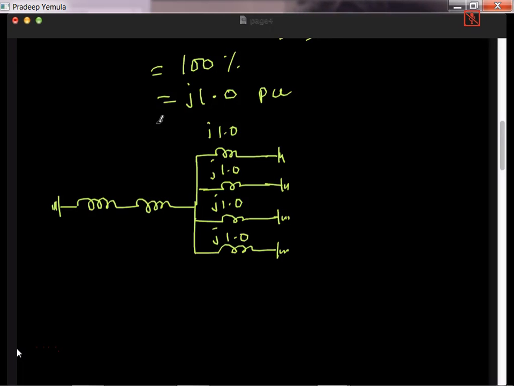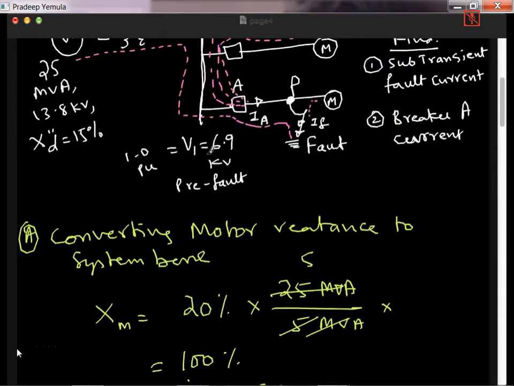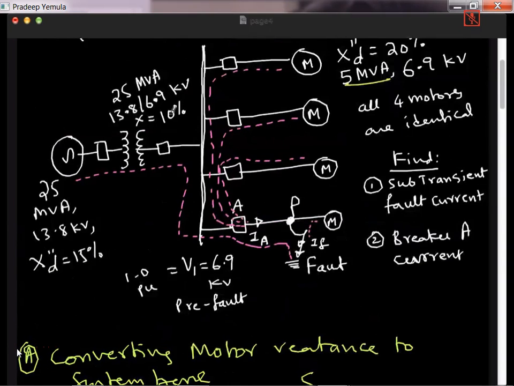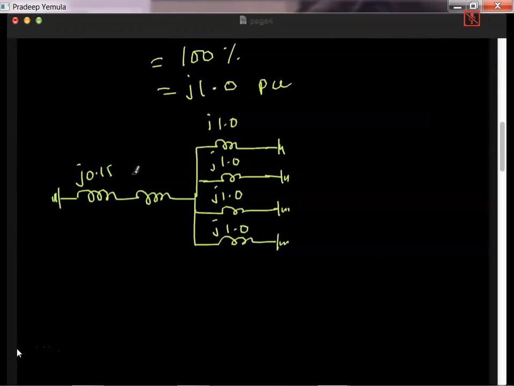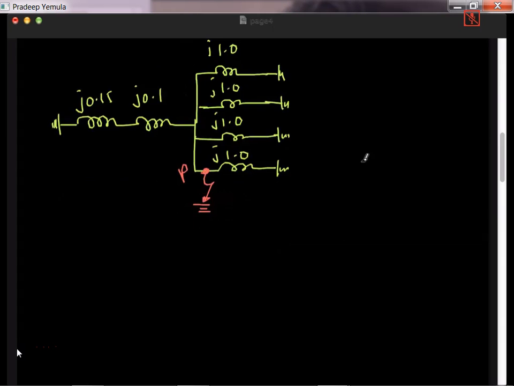Whereas going up, it is given in the question 10% and here 15%. So this is j0.15 per unit and j0.1 per unit. So I have the circuit like this. Now, it's important to locate the fault. The fault occurred at this point. This is my point P. So what is the Thevenin's impedance appearing at point P? Thevenin's impedance appearing at point P, I have to see. So these two are in series, so this is nothing but equivalent to.